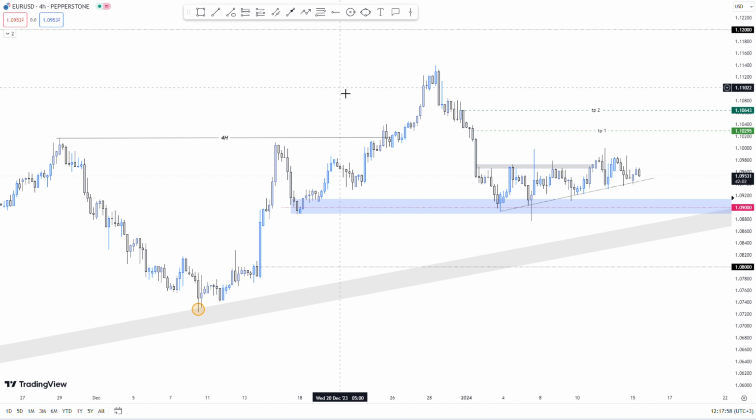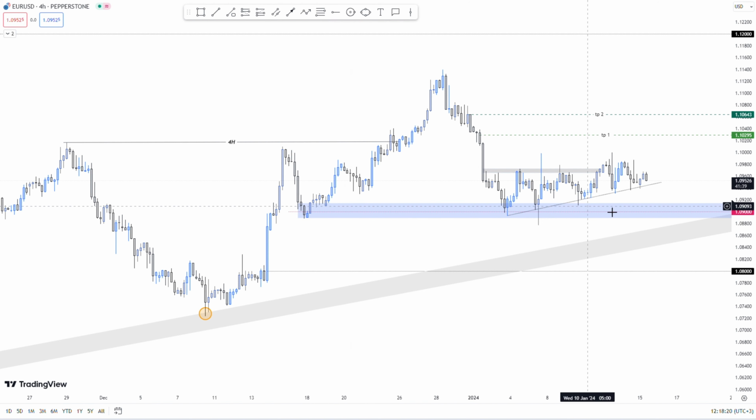And if you use anything higher than 1 hour, you won't get enough clarity of how price reacted to the zone. From the 4-hour, let's go to the 1-hour and see how price reacted when it hit this 4-hour zone.